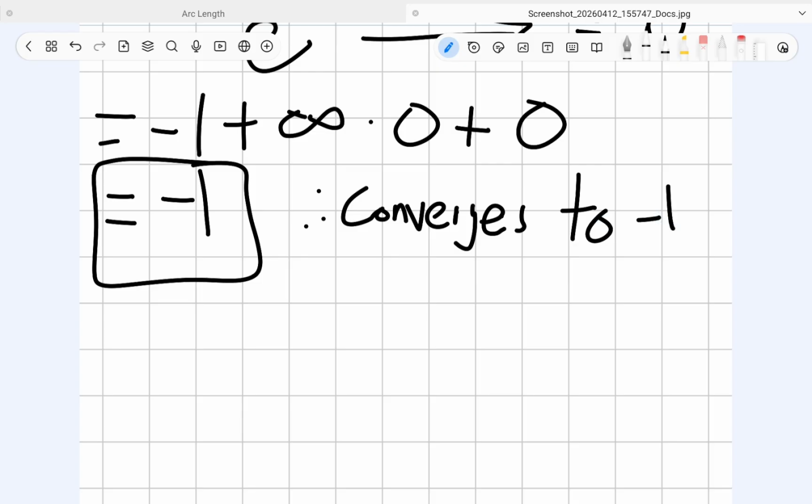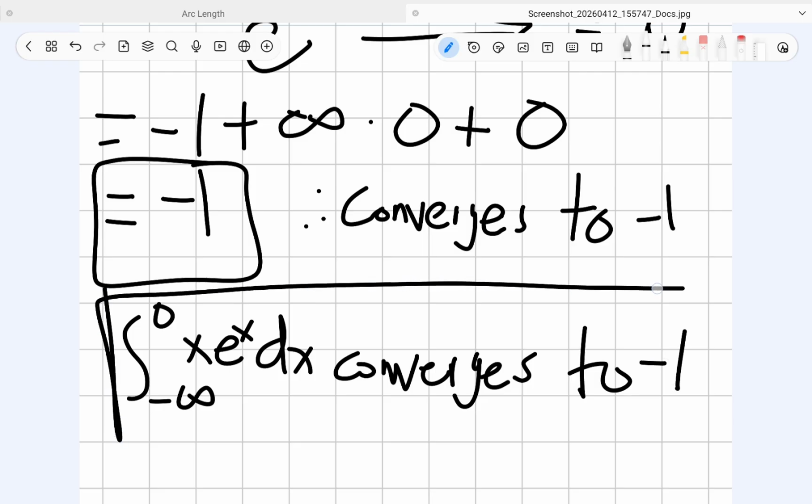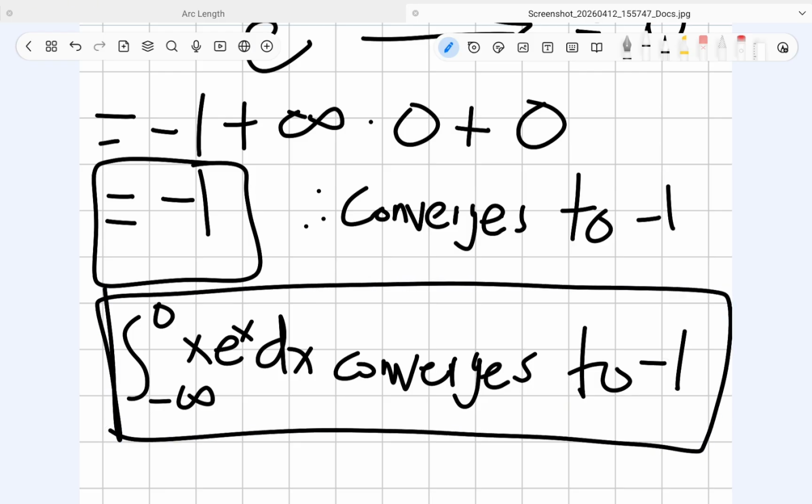We can say it converges, and I think that's good enough. And if you want a cleaner answer, I'll just do this. This is also a proper answer. There you go.